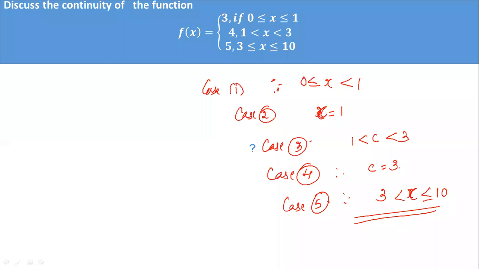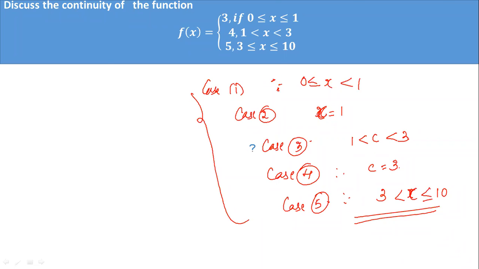Can anyone tell me, just by looking at the function, out of these 5 cases, which are very obviously continuous? Just make a rough calculation, just do the mind work. Which cases are continuous and which are not continuous? You have done so many problems, so you'll be knowing.